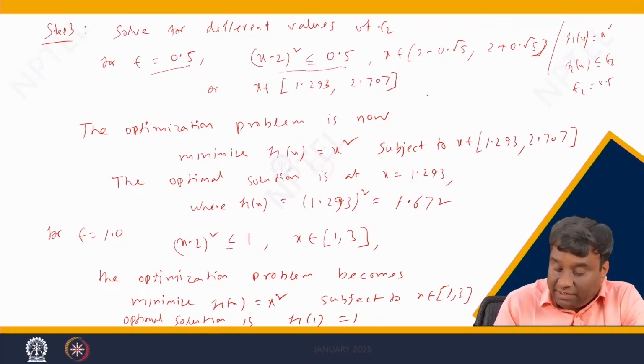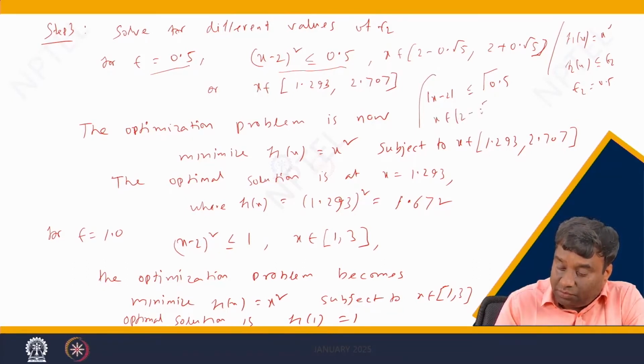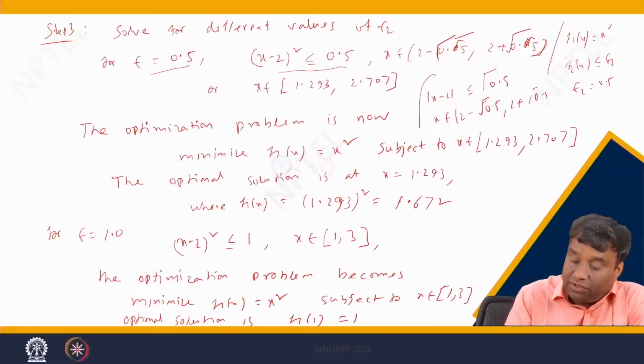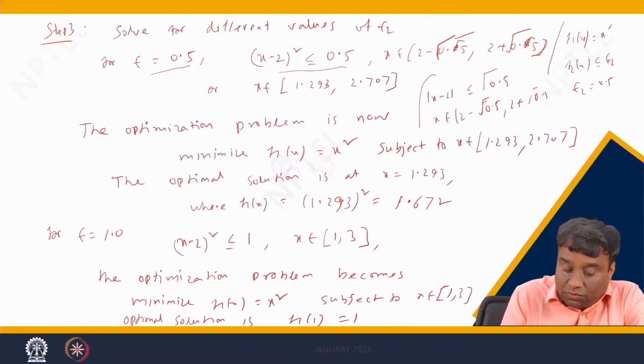From here you can write |x − 2| ≤ √0.5. So you can write that x belongs to 2 − √0.5 to 2 + √0.5, that is 1.293 to 2.707.